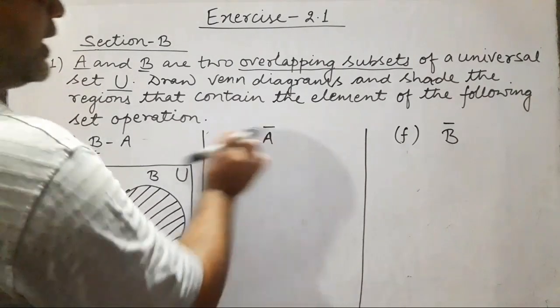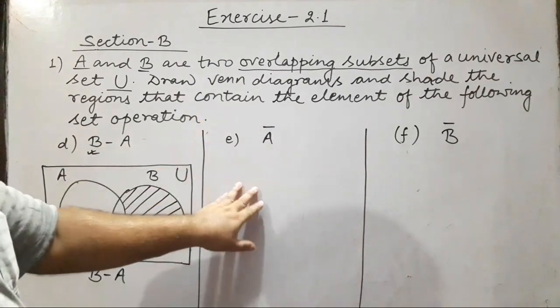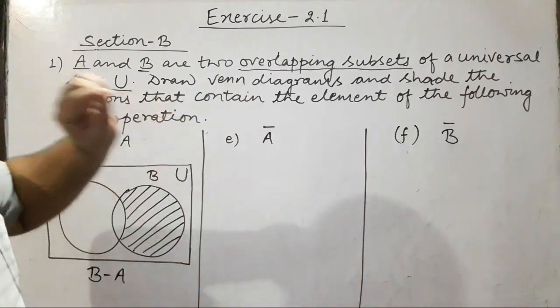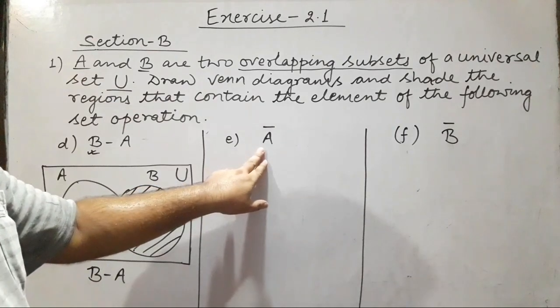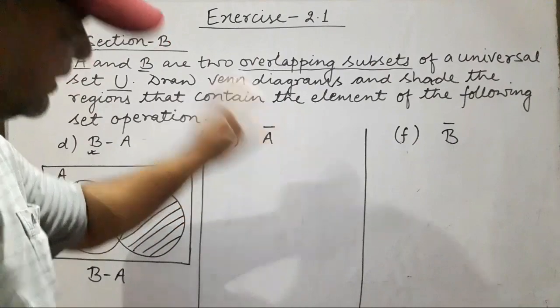Now let's see A complement. As we know, A complement is the set having the elements which are not contained in this set.